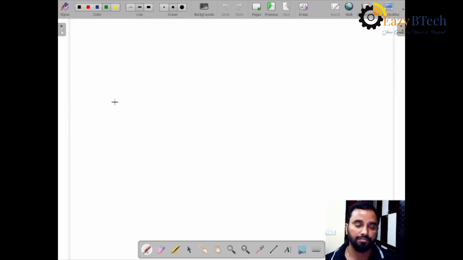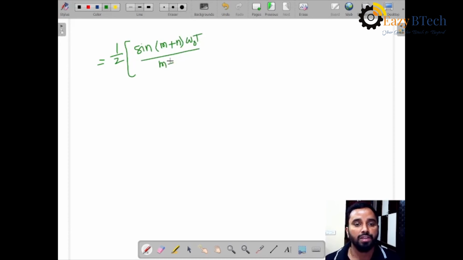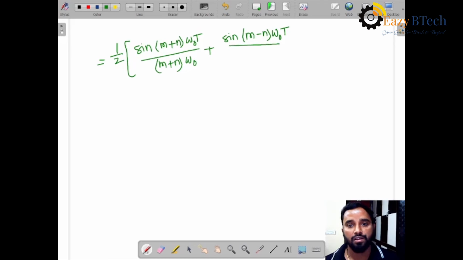If you substitute the upper limit, we get 1 by 2 sine (m plus n) omega naught into capital T divided by (m plus n) omega naught, plus sine (m minus n) omega naught capital T divided by (m minus n) omega naught.